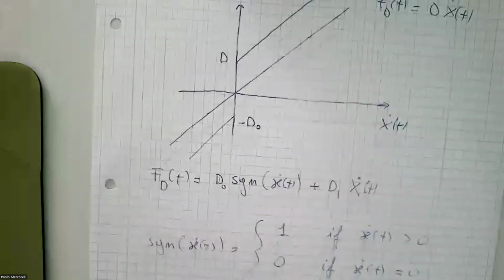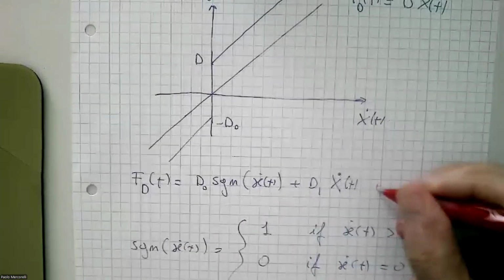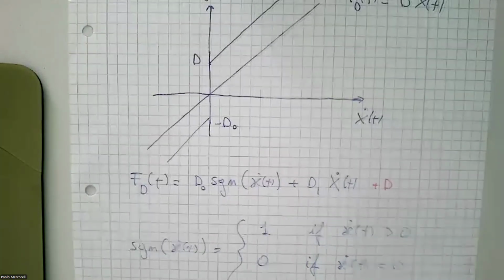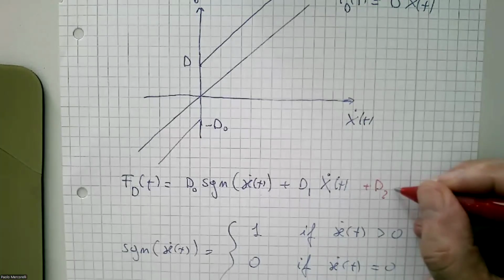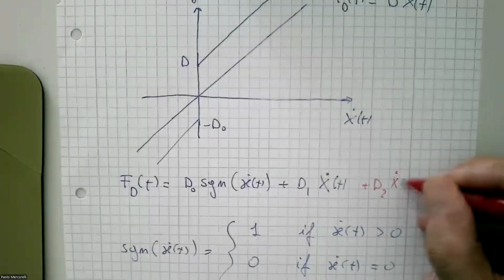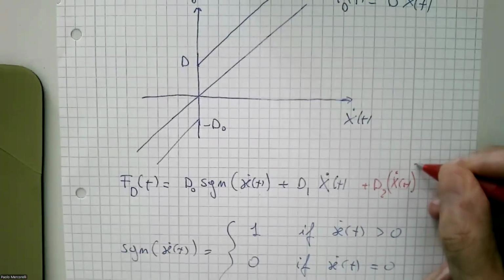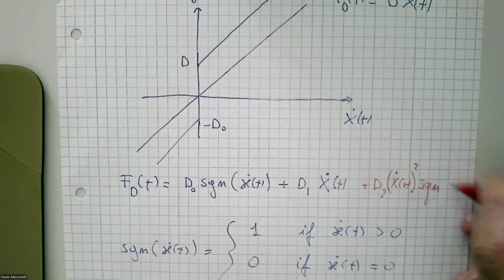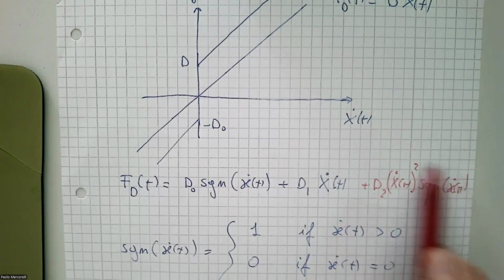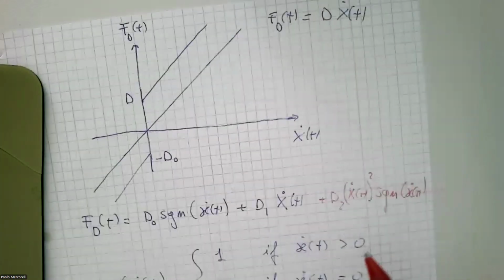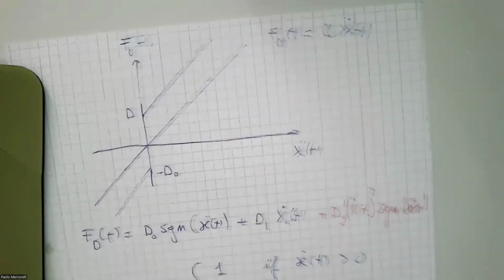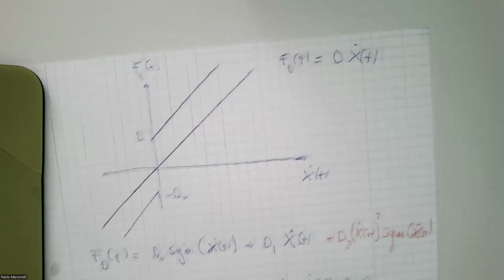Of course, I can consider also another term. Why not? I mean, this is the Coulomb, let me say, expression of the friction. But we have different models, Lu-Gre model, many others.